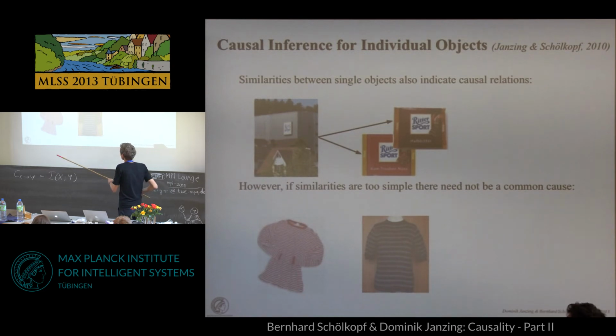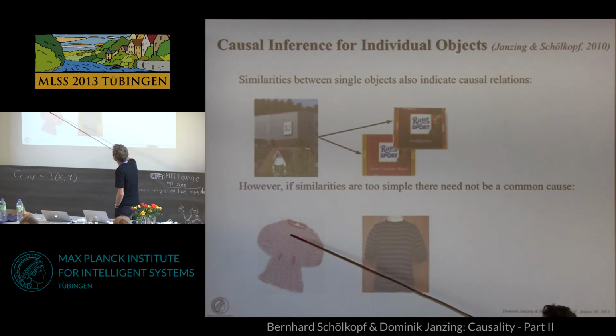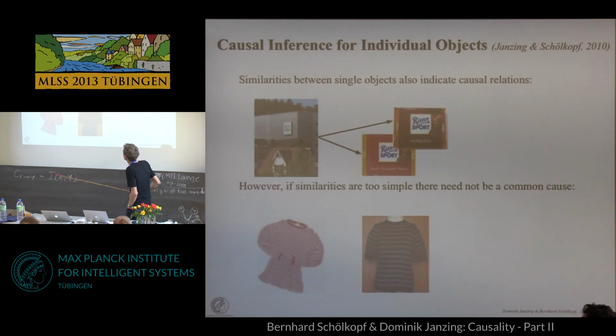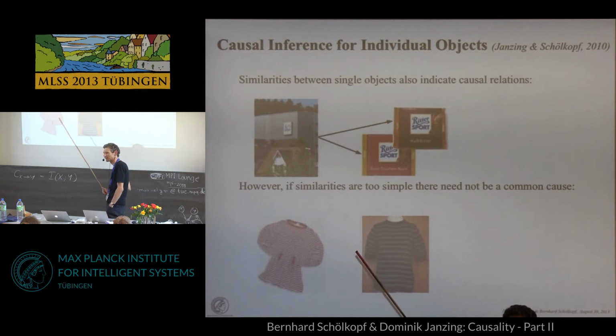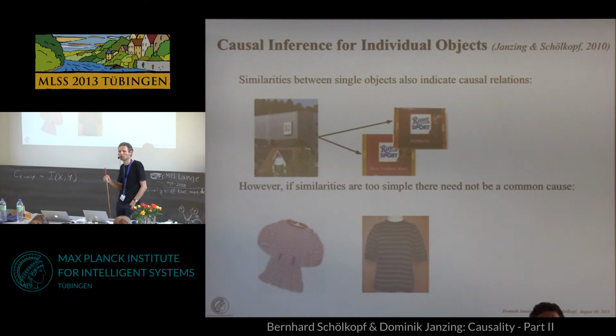On the other hand, if you look at these two patterns of these two T-shirts, then you would say, well, they are similar in a sense, but not in a sense that is sufficient for concluding that there is a causal relation, because the pattern is so obvious, so straightforward, that you could easily think that every company could come up with it independently.